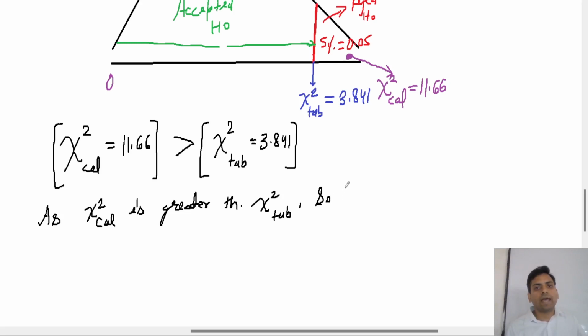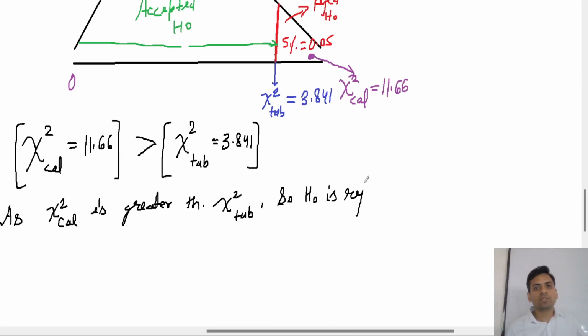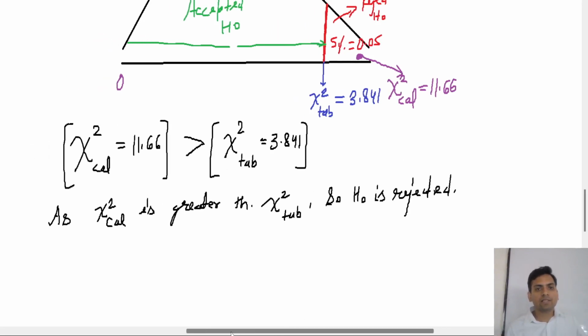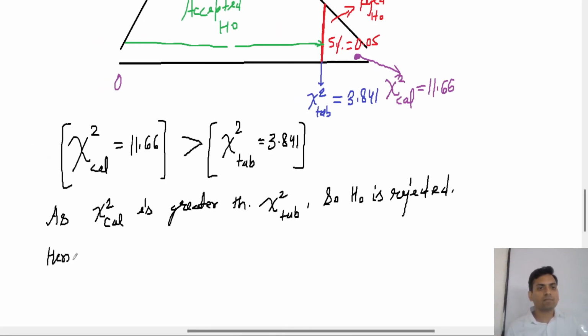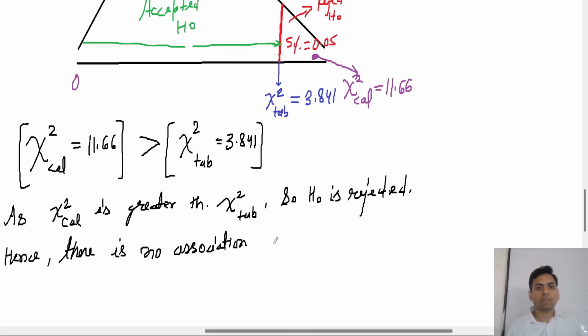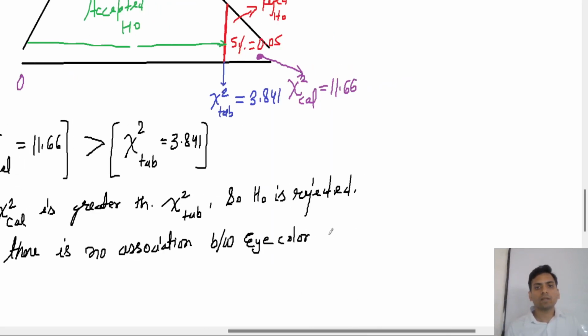So H0 is rejected. Hence there is no association between eye color and gender.